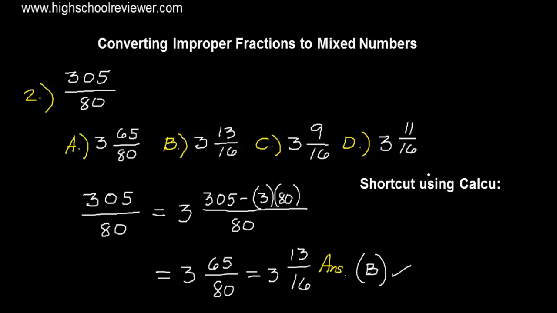Okay, let's go to the shortcut using the calculator. In your calculator, you will press 305, which is the numerator, and then press the fraction key, which is A B over C. This can be found on your calculator keys, and then the denominator, which is 80, and the equal sign.